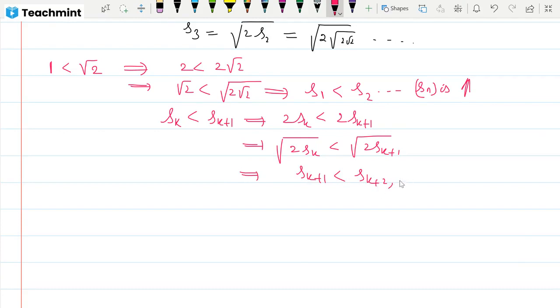So therefore it is an increasing sequence. Right? Next I want to show boundedness.